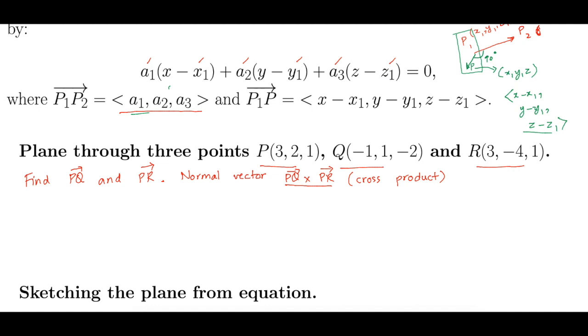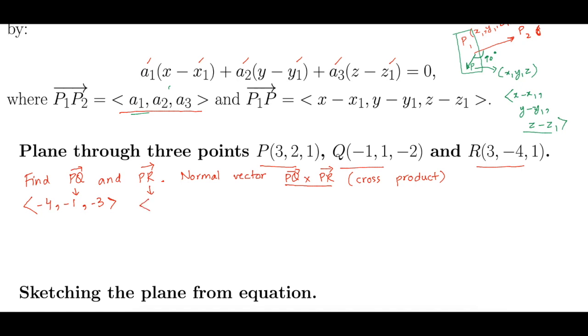So let's do this. My PQ is what? PQ is minus 1 minus 3, which is minus 4, 1 minus 2 is minus 1, and minus 2 minus 1 is minus 3. This is my PQ. What is my PR?